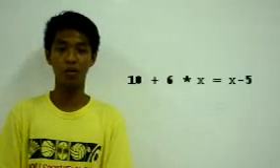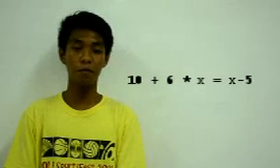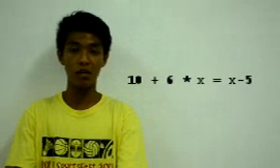The equation is 10 plus 6 times the number x equals x minus 5. So our translated equation is 10 plus 6x equals x minus 5.